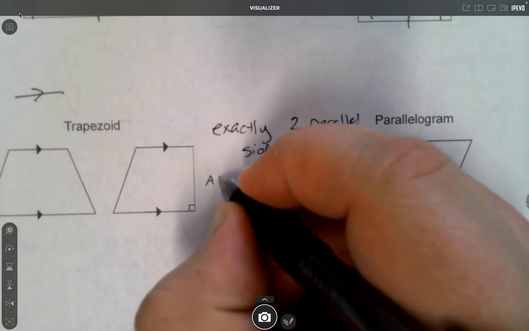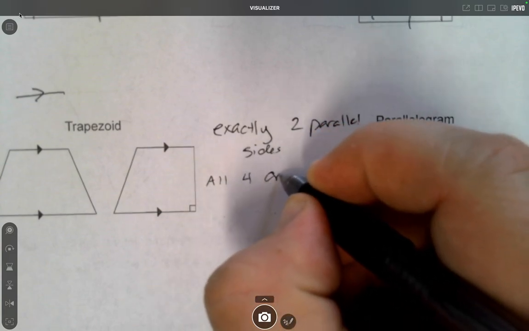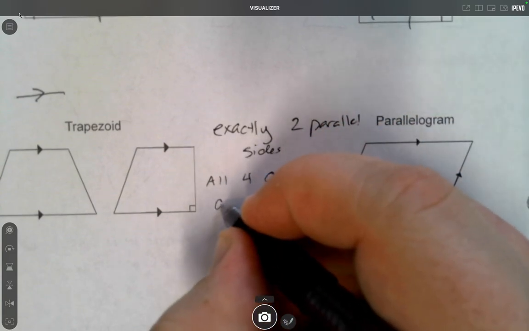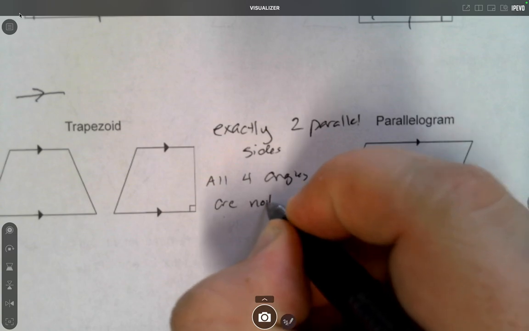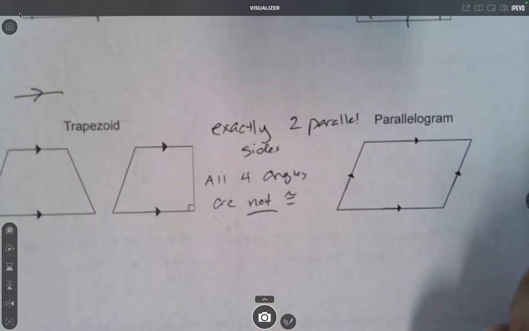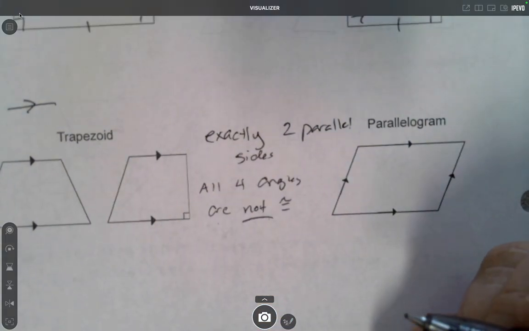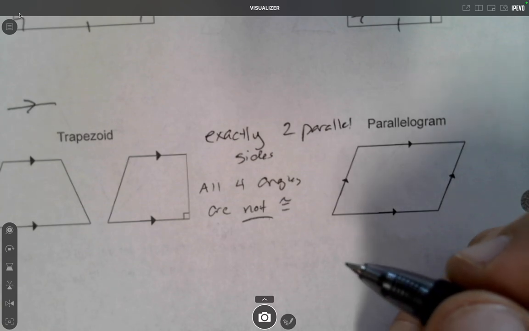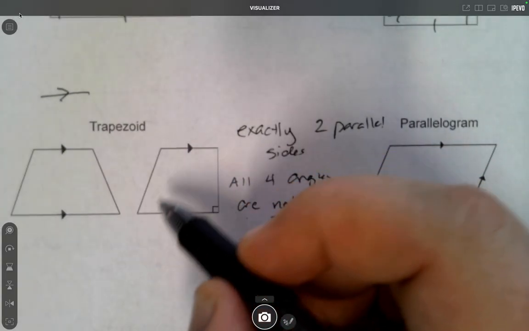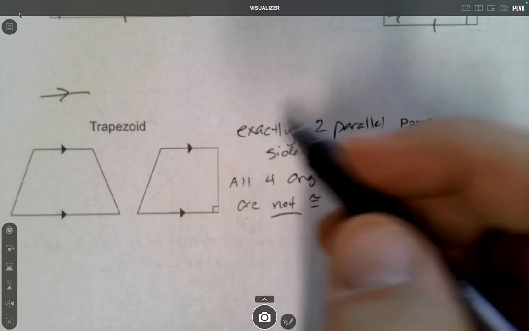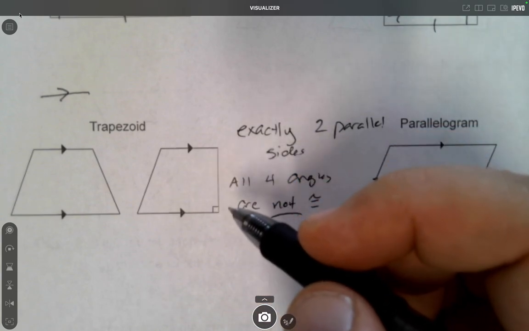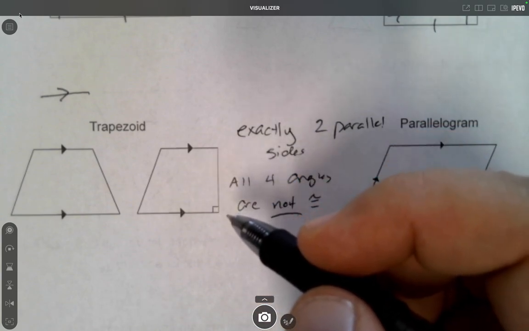And all four angles are not congruent. Or maybe better to word it, none of the angles are congruent to each other. So you've got all four angles. It's not possible for any of them. I don't think that's true. Hold on.